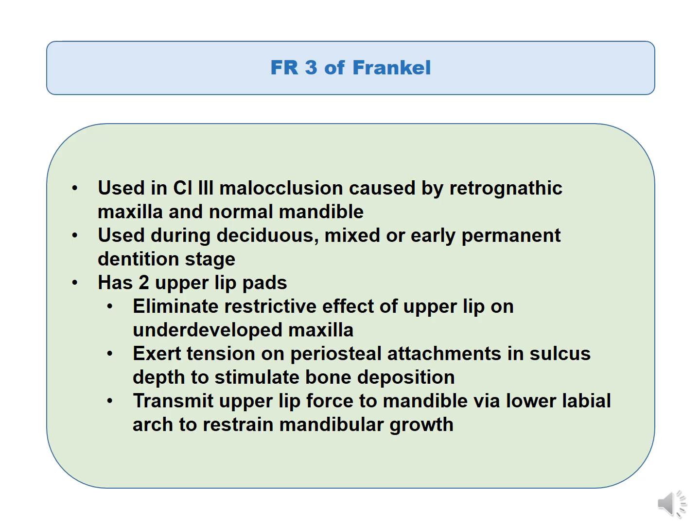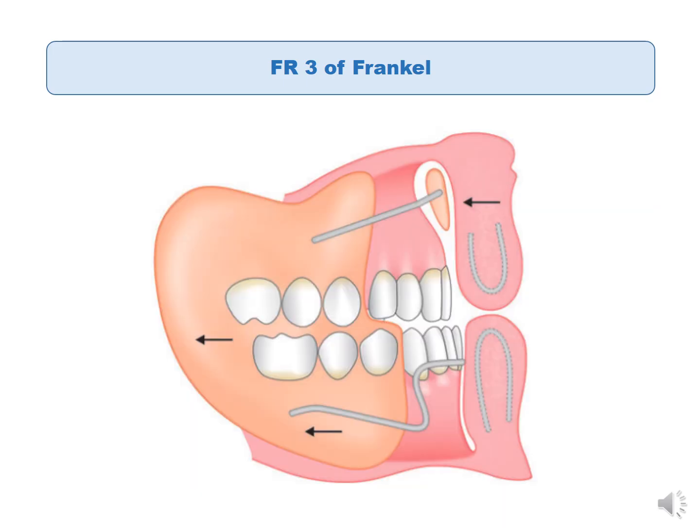It transmits upper lip force to the mandible via the lower labial arch to restrain mandibular growth. So here you can see a diagram of the FR3. In the FR2, the lip pad is in the lower arch, whereas in the FR3 it is reversed, with the lip pad in the upper arch.